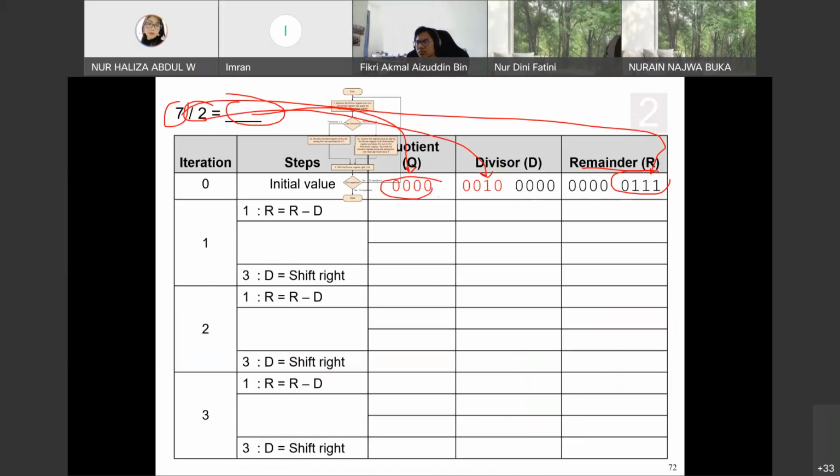Just now for multiplier, the 0 part, which is, you don't know, right? Like 2 times 3 equal to what? It is putting here at the P, isn't it? But your quotient now is putting at this column.